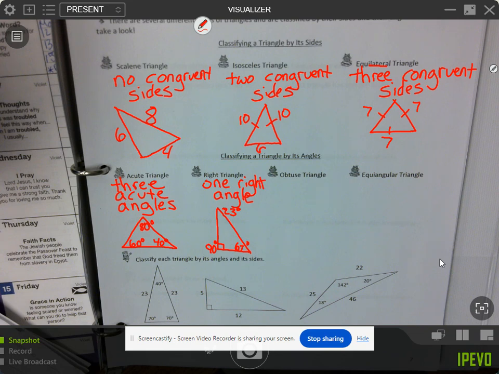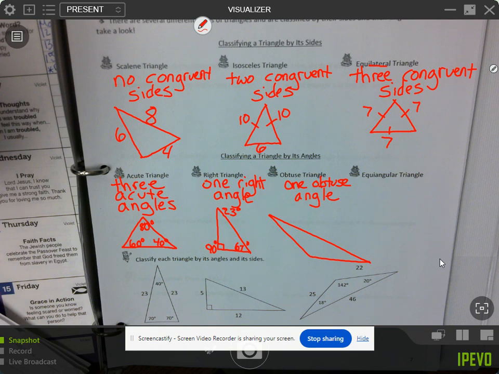What do you think the definition of the obtuse triangle is? Knowing what we know about the right angle and the right triangle. What do you think, Marina? Yeah. An obtuse triangle has one obtuse angle. So one angle is bigger than 90 degrees, and then we're going to have two acute angles.